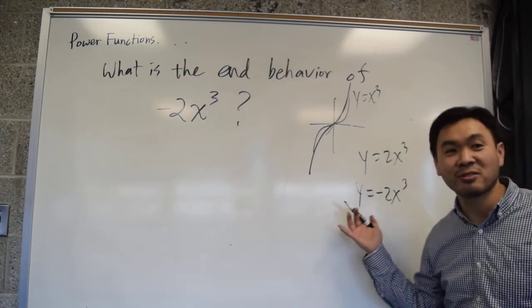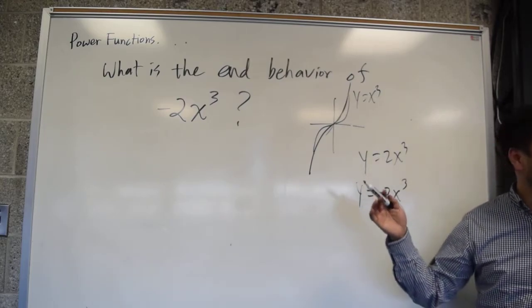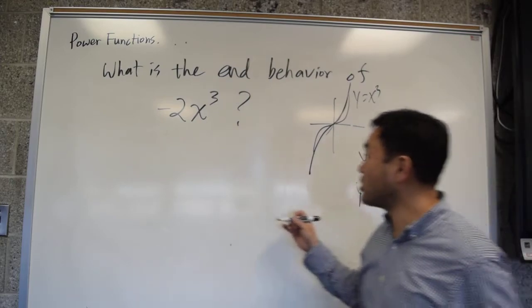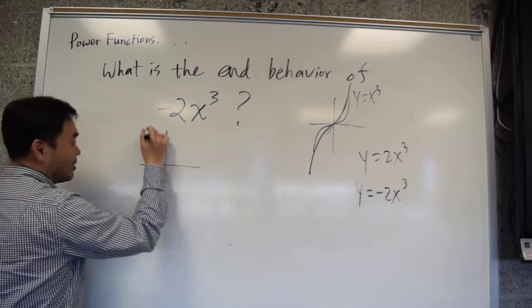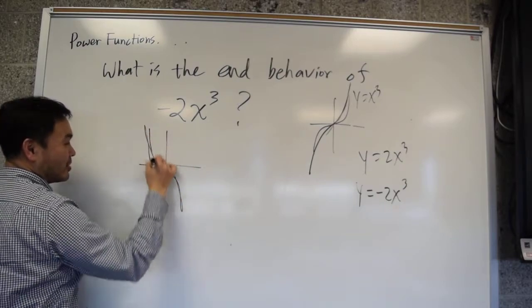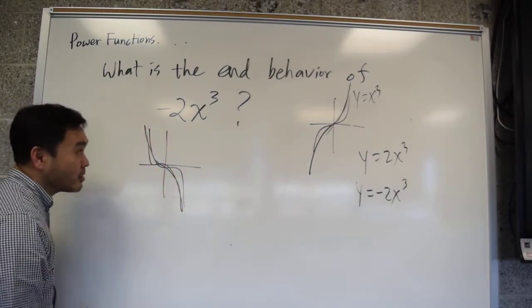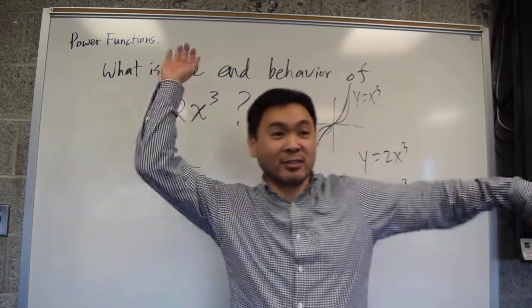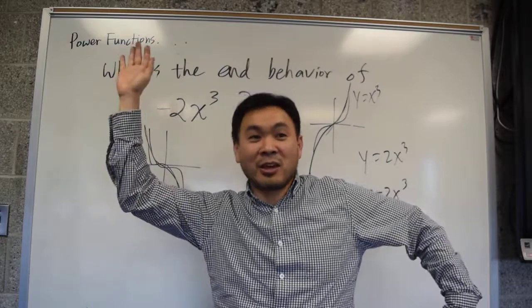Come on, you know this. Flips it, right? It flips upside down, right? So minus 2x cubed, that's like that. Okay. Therefore, what's the end behavior? It's this, right? Okay, that's the end behavior.